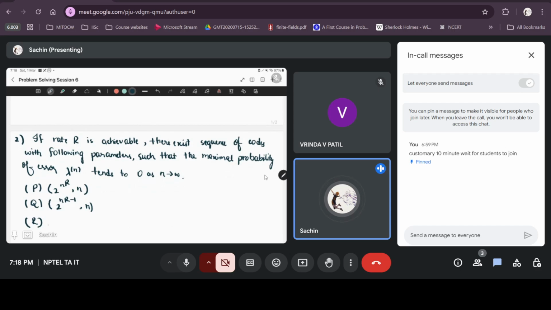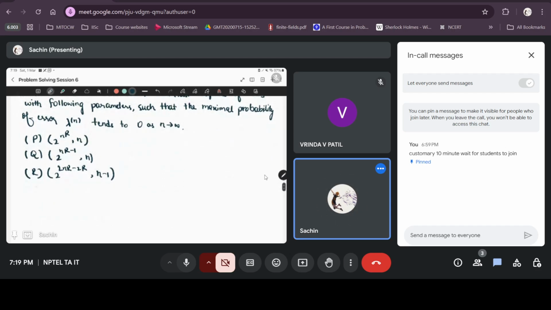And the code R has 2 power 2nR minus 2R code words and length n minus 1. Which of the parameters are correct?